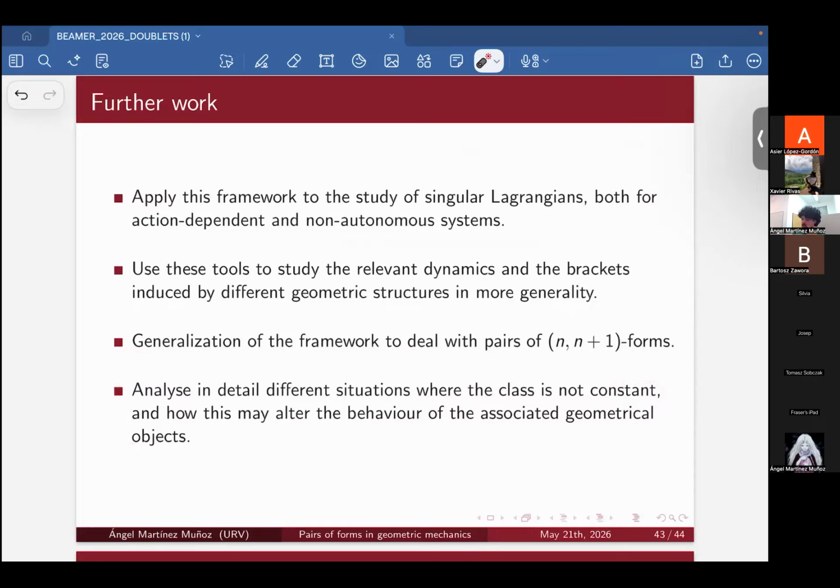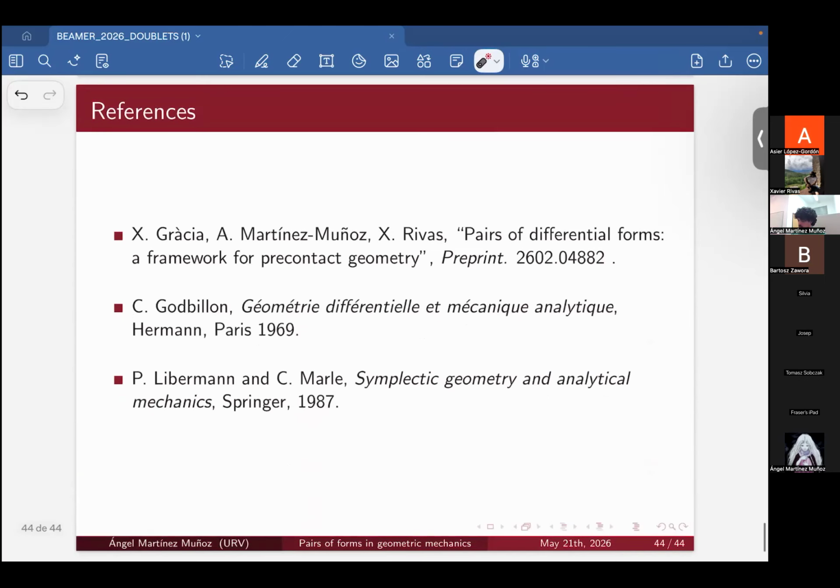But we think that it would be very interesting because normally we just consider this constant class case. But when you're dealing, for example, with singular Lagrangians, you might not have constant class. So it's an assumption we put that holds in a lot of examples, but in some others, it might not. Right?